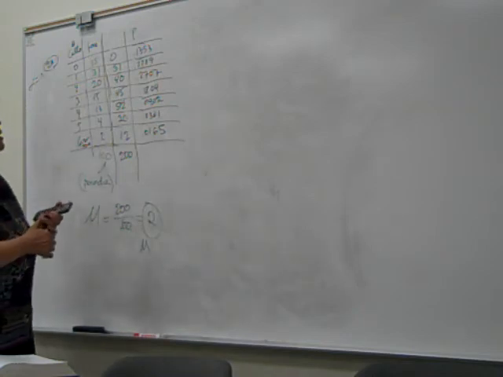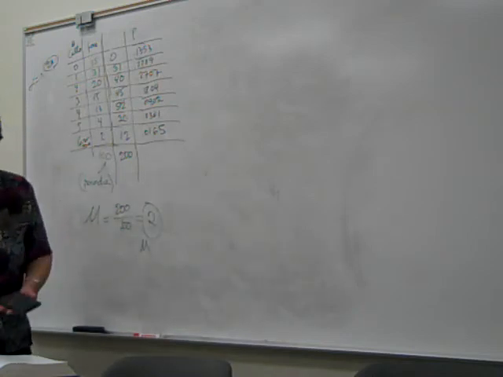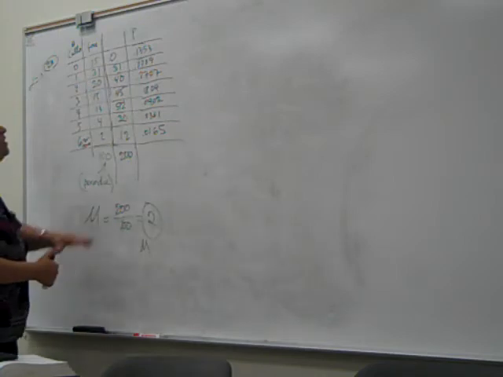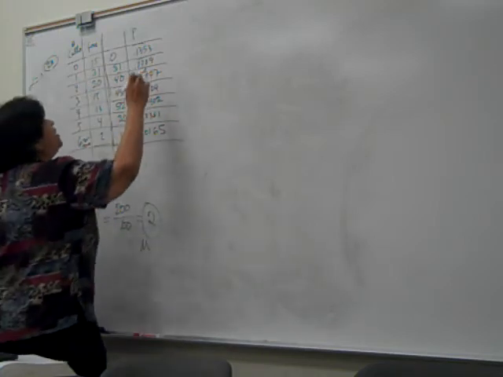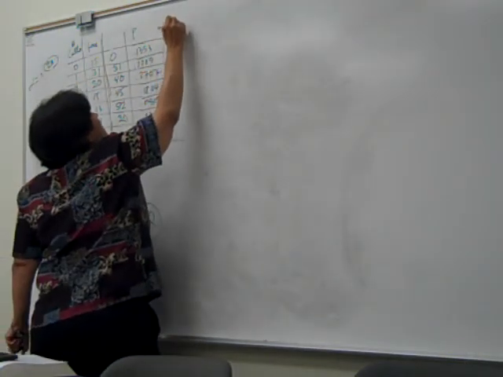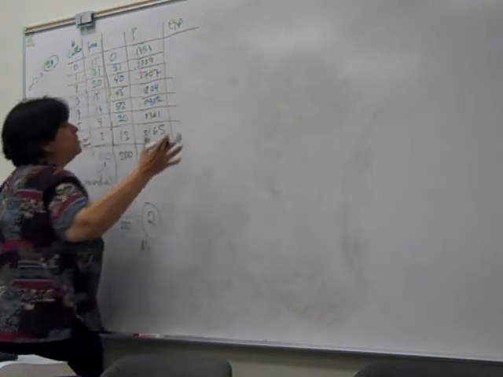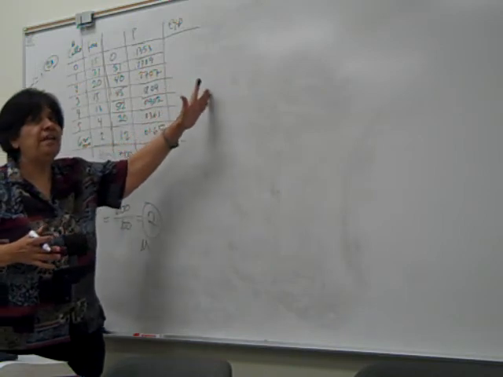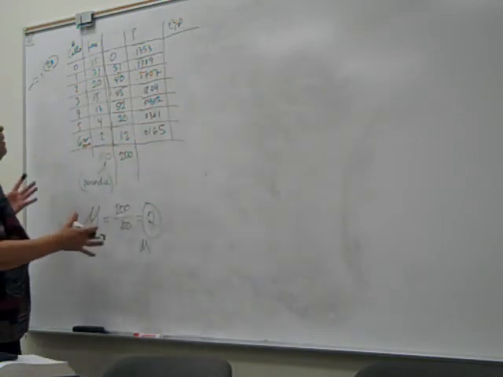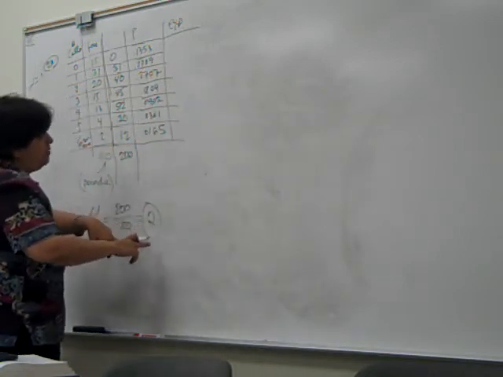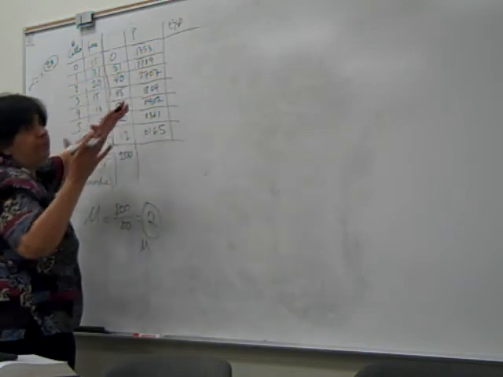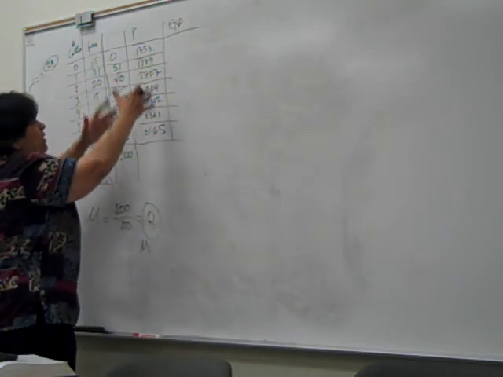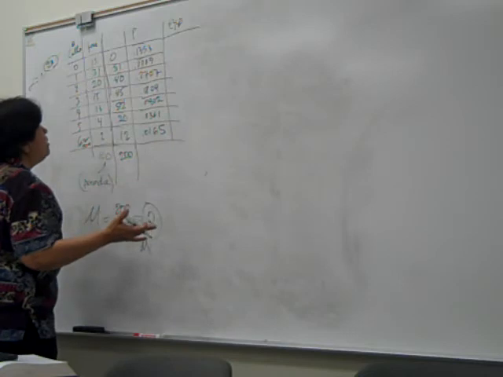Okay? Now, with this value, I'm going to calculate the expected value. Remember that we need the expected. We have the frequency, but we need to have the expected. In order to calculate the expected, we need to calculate the mean. From the mean, we extract the probabilities from the Poisson distribution table.